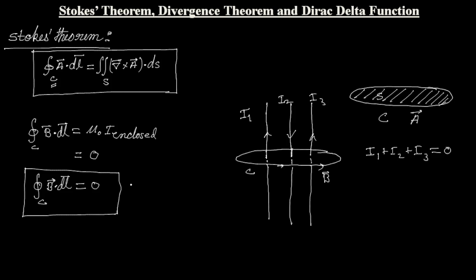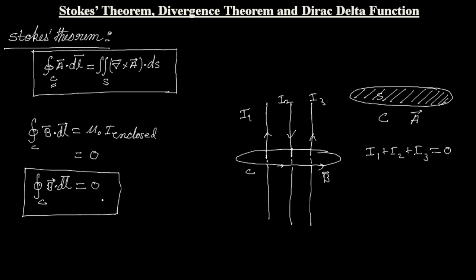From this line integral we will not get any idea how the current is distributed. We will only see from outside that the total current is 0, that's why this is 0. Or the magnetic field is everywhere perpendicular to this length, or the magnetic field is everywhere 0 on this loop.